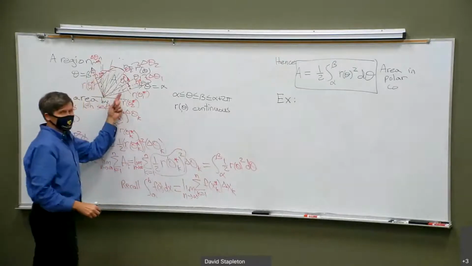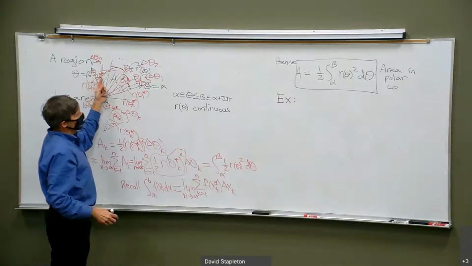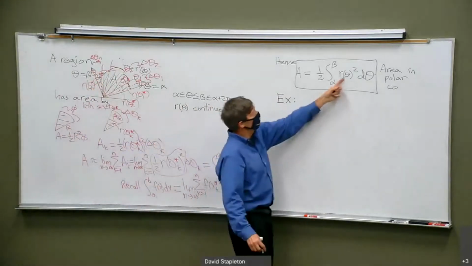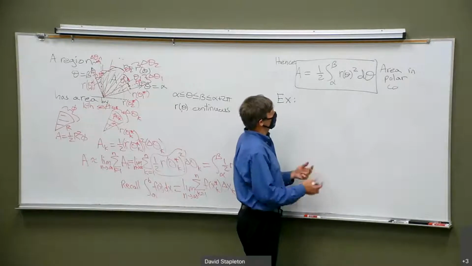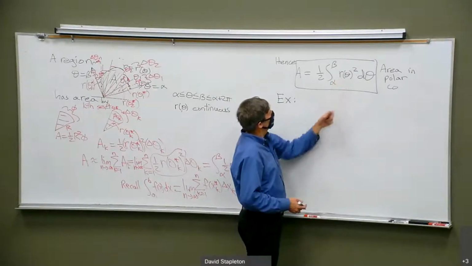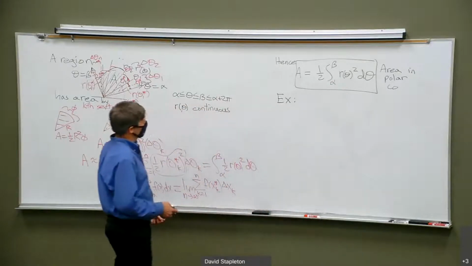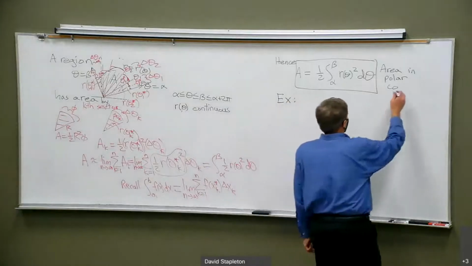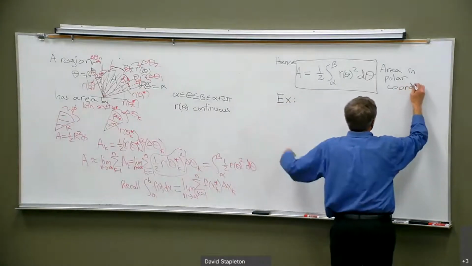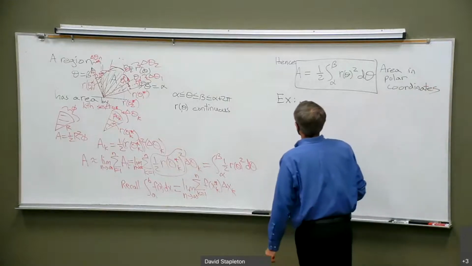And actually it turns out this also works if r is negative, because if r is negative, then r squared is positive, and you wind up actually getting the positive area also. If it switches signs, then you have to be a little careful. But anyway, you can do r positive or negative on the interval and it works. All right, so area in polar coordinates for that kind of region given by this integration formula.